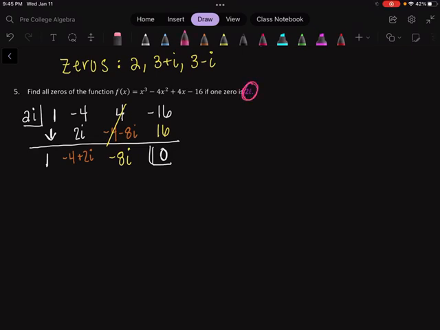So this 2i here is a zero. -2i must also be a zero. So I'm going to put -2i in my little boxy box. And then I'm just going to write down this stuff here. So I have 1, give yourself a little bit of space, plus 2i, and then minus 8i.